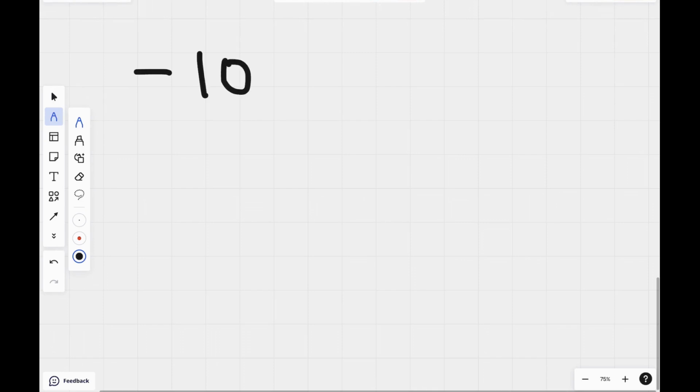How about minus 10, minus 4, plus 8? So I have three terms now. I'll solve this problem and then the remaining I'll have you guys solve. In this case, I can combine like terms.